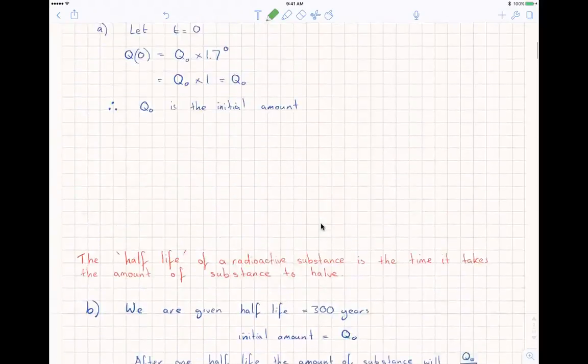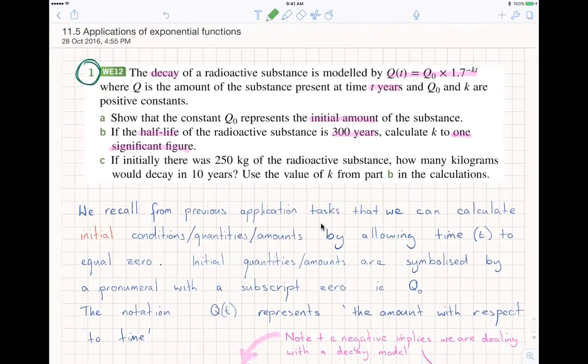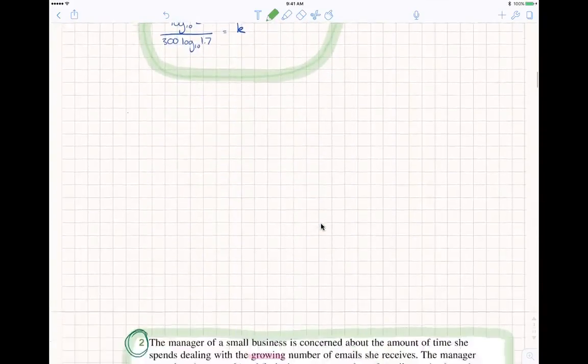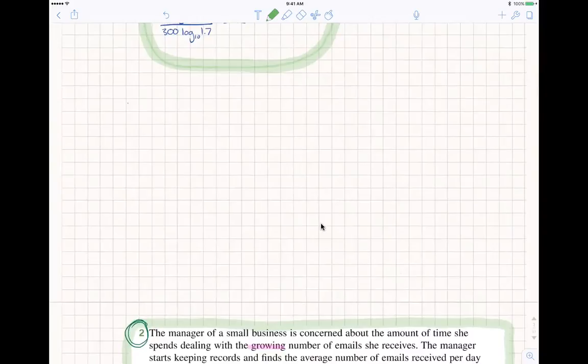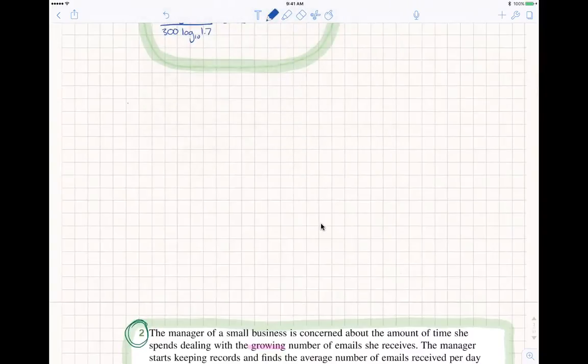For part C, if initially there was 250 kilograms of a radioactive substance, how many kilograms would decay in 10 years? So we're going to also use that K value that we just calculated. Again, we're going to write a little list of the things we know.